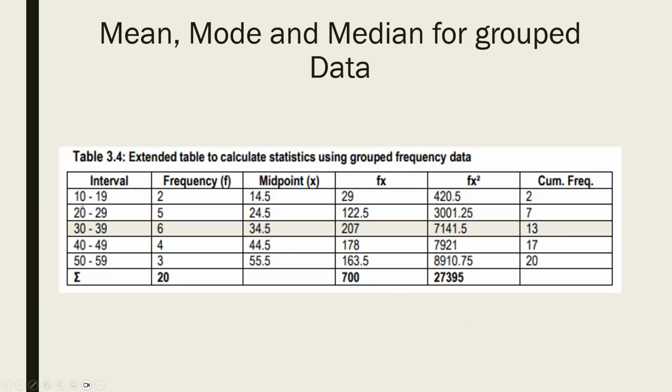The second is 20 to 29. The next is 30 to 39. The next is 40 to 49. The next is 50 to 59. What you need to understand when you are grouping is these values here.